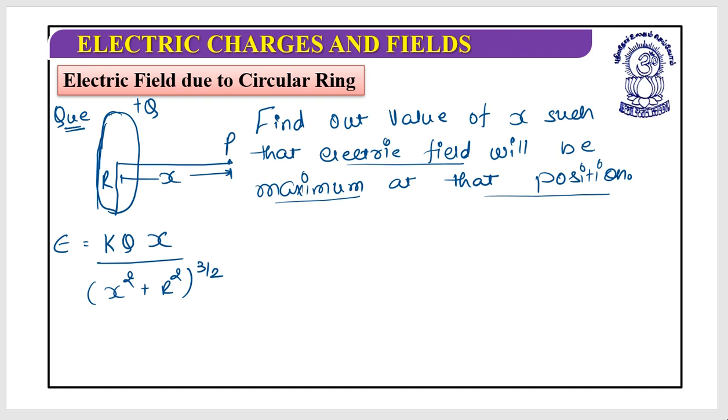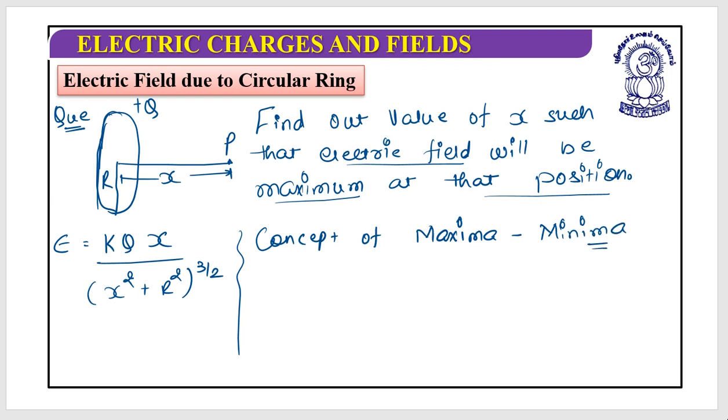So what I need to do is apply the concept of maxima minima. Do you remember this? You might have studied this in the 11th class, the concept of maxima minima.